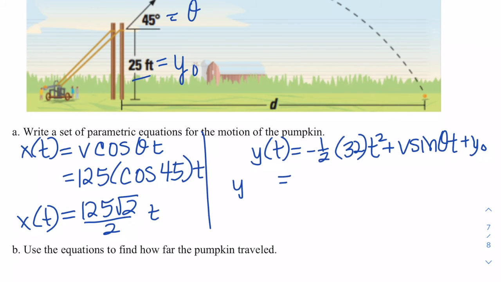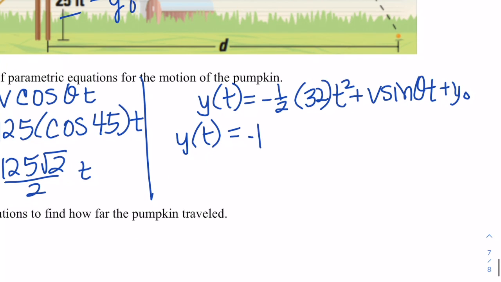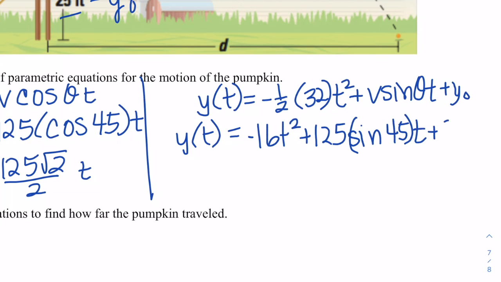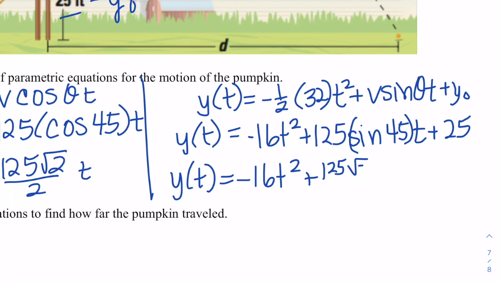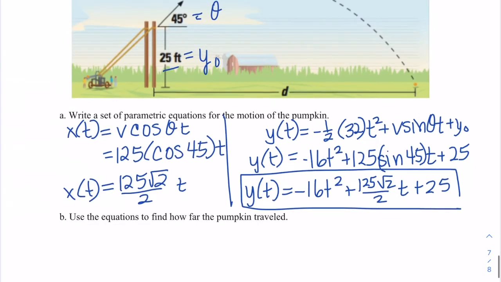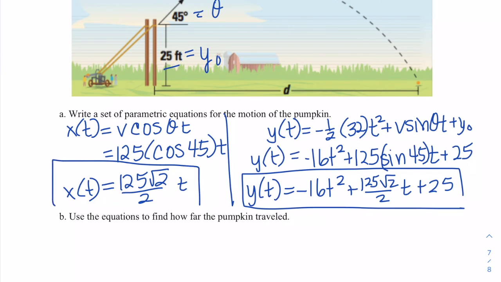So y of t will equal negative 16t squared plus 125 sine of 45 times t plus 25. And so our equation for y will be negative 16t squared plus 125 root 2 over 2 t plus 25. So those will be our parametric equations to model the pumpkin toss.